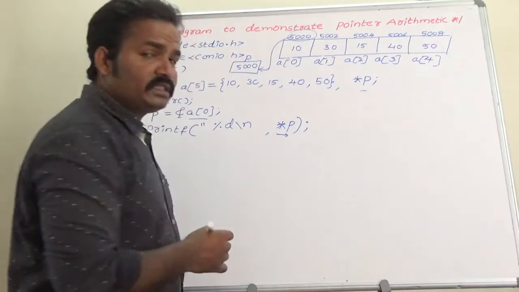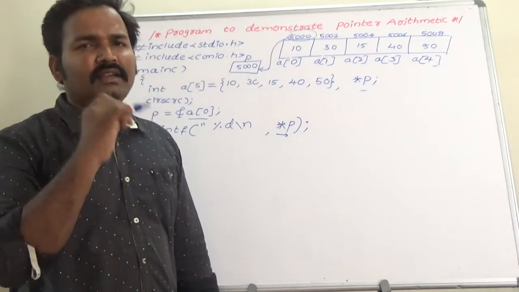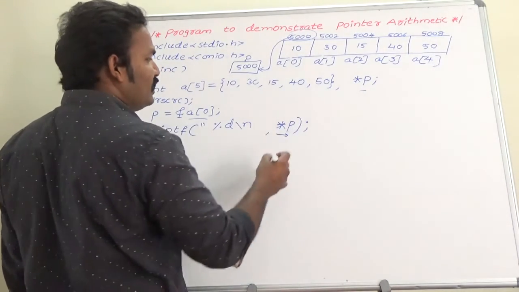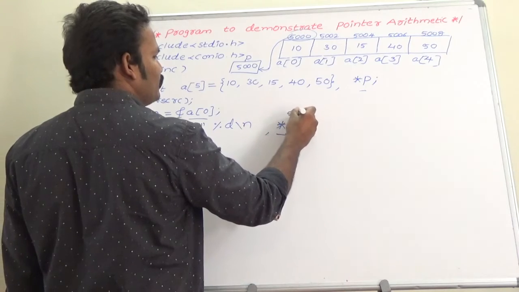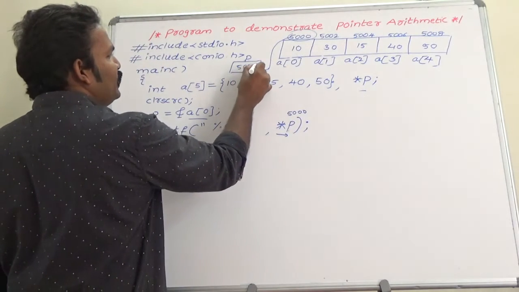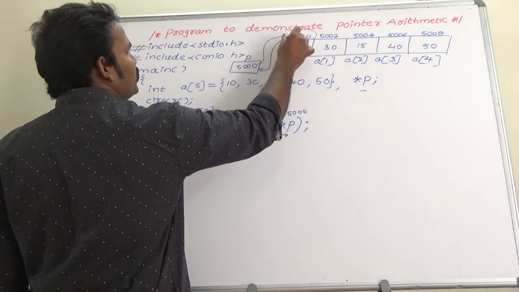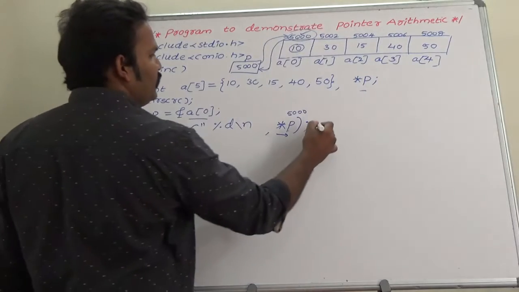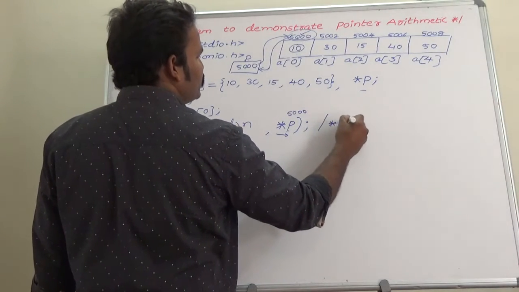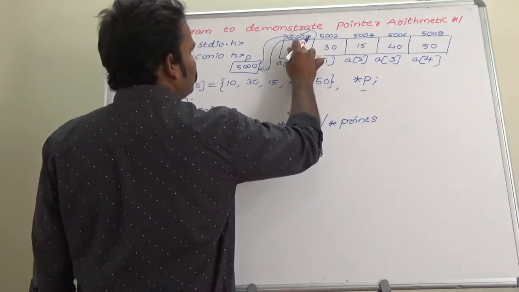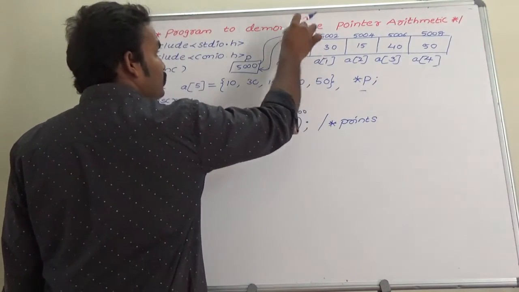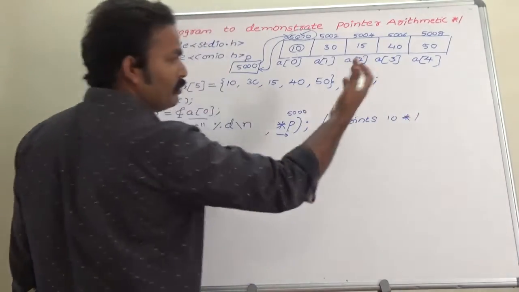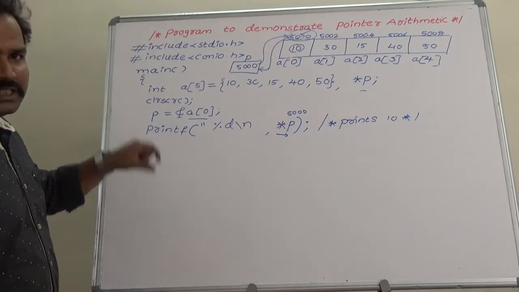Pointing to an address gives the value at that address. Here the address is 5000. This particular statement prints the value which is stored at address 5000. It prints 10. 10 will be printed on the screen after executing this statement.